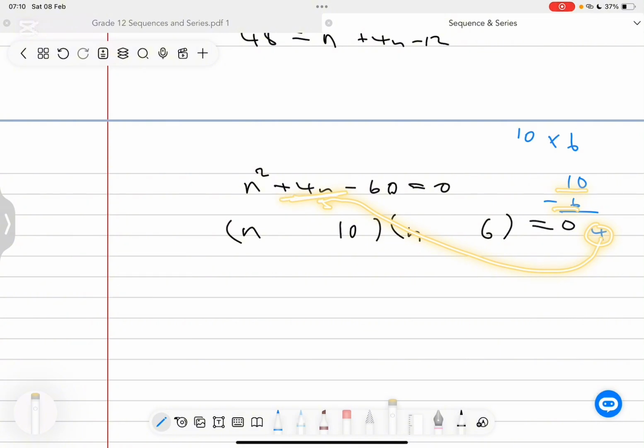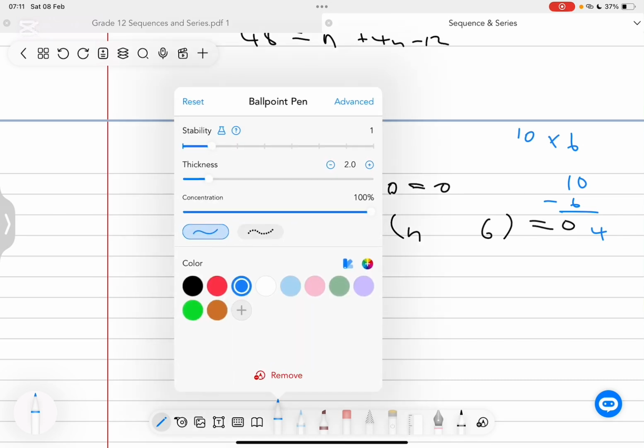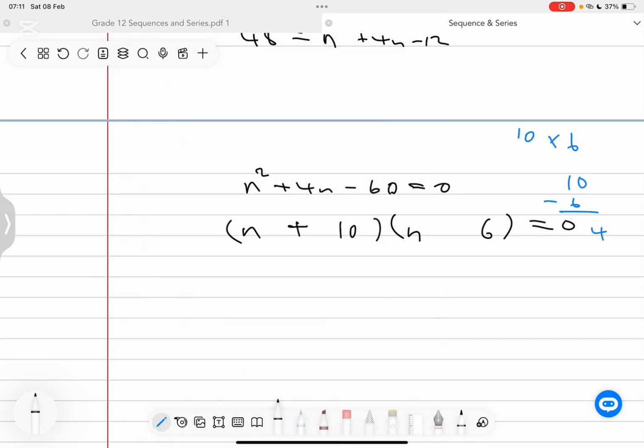It is this 4 here. But if I multiply 10 and minus 6, I get a minus 60. So this tells me that my 6 should be negative and my 10 should be positive. So now I'm going to have a positive 10 and a negative 6 here, right?